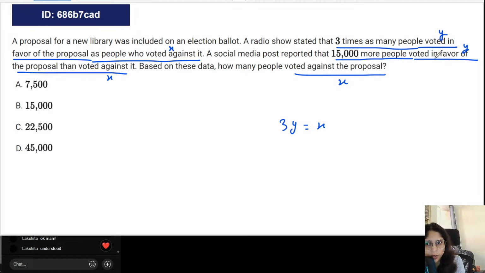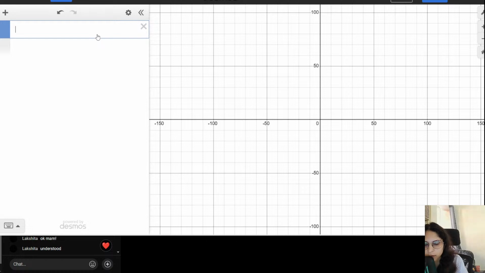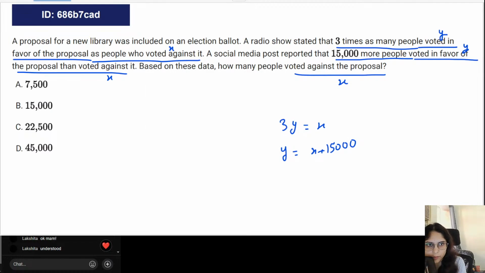15,000 more people voted in favor. So there are more people who are voting in favor. So Y is going to be X plus 15,000. Oh, and over here Y is going to be 3X.